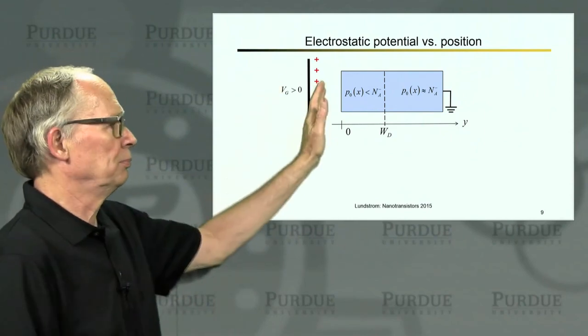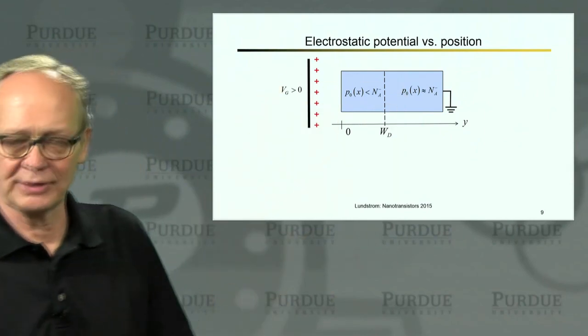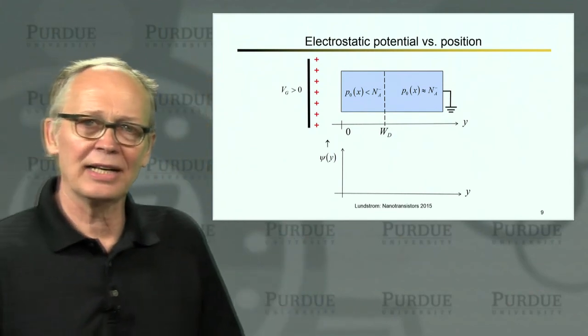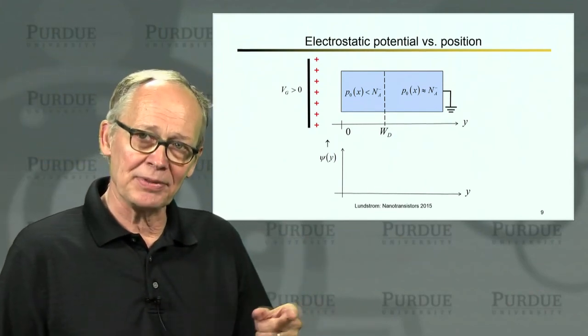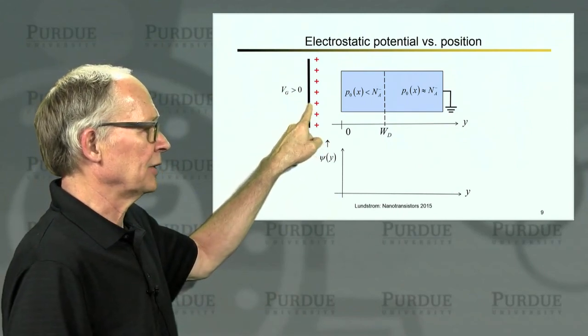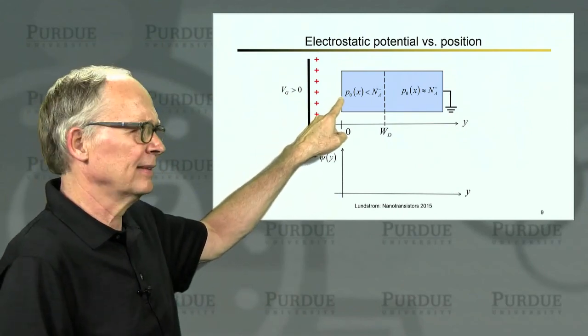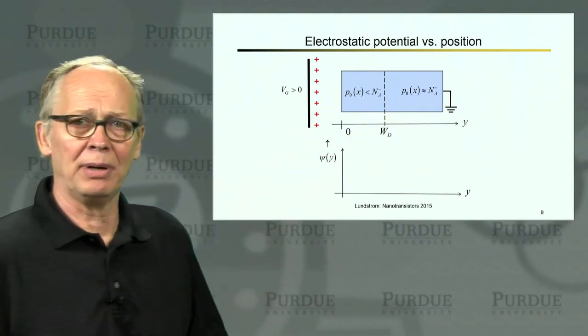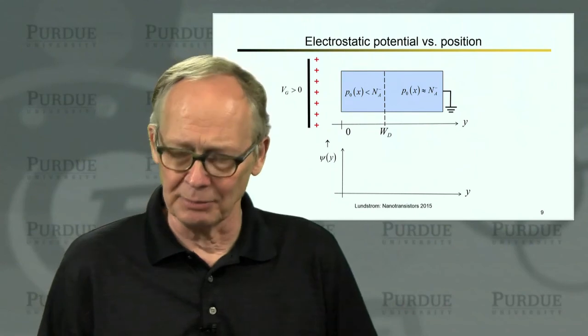So when we push the mobile holes back, we expose these negative charges. If I plot the electrostatic potential as a function of depth into the semiconductor, well, it's positive at the gate electrode. It's going to be positive at the surface, and it's going to be 0 at the bottom of the silicon because we grounded the bottom.